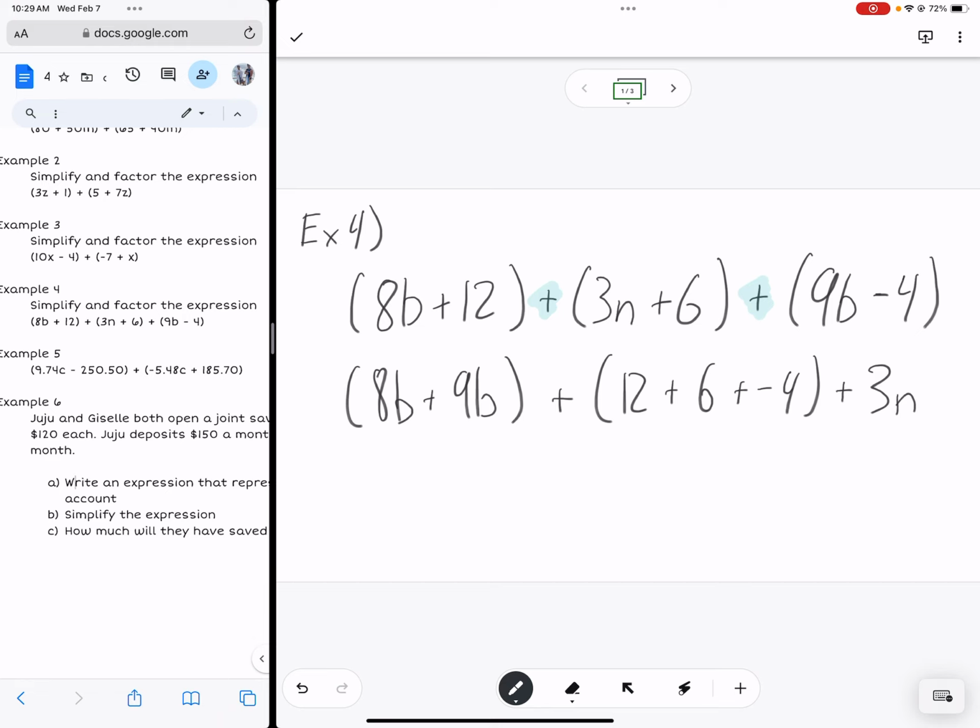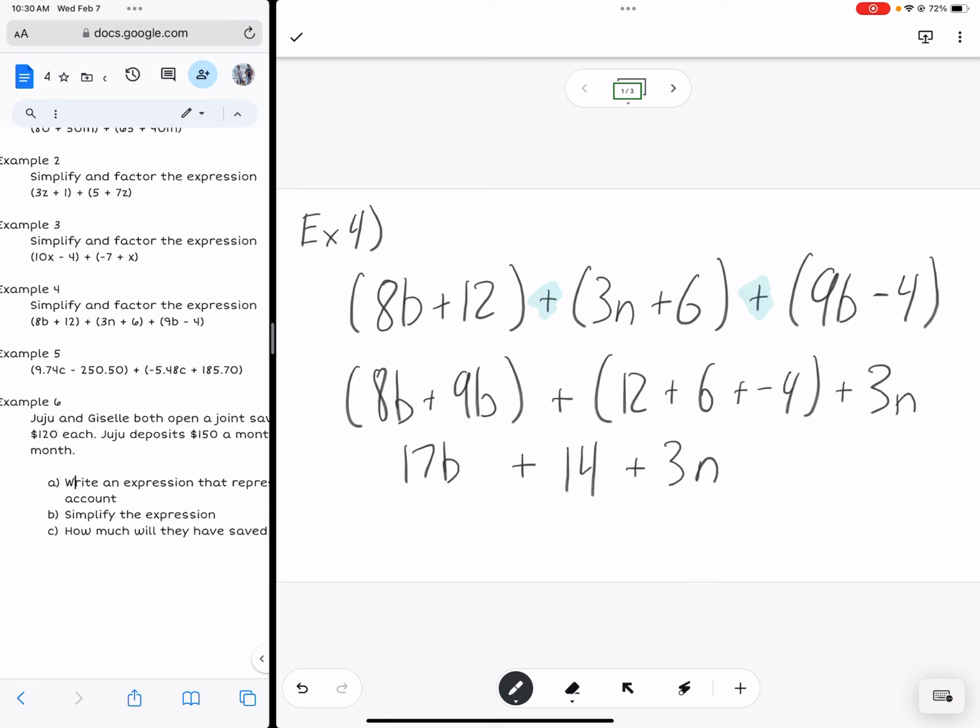Perfect. That's correct. And then I get 17b plus 18 plus -4, which is 14. So 17b plus 14 plus 3n.